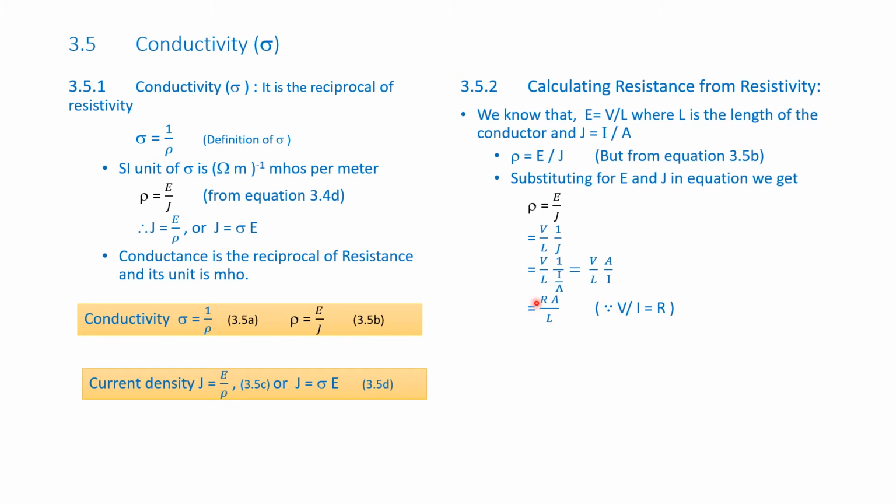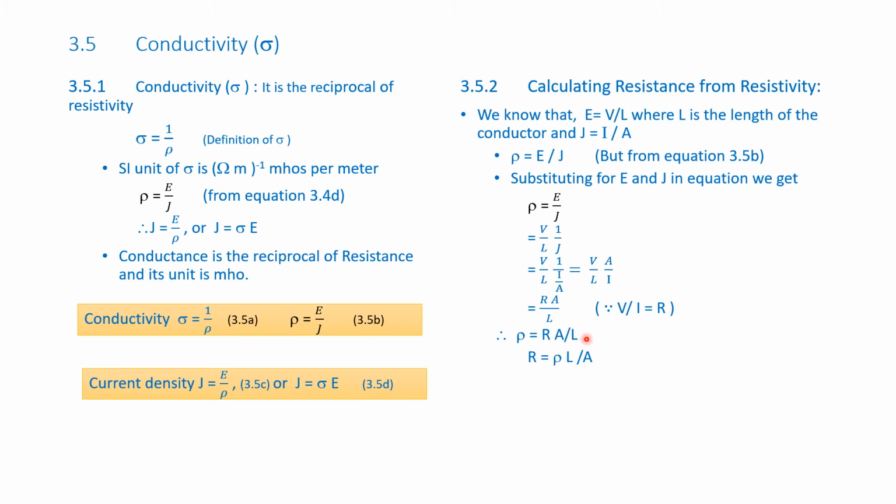So rho is equal to R A by L, because V by I equals R. Therefore, the left hand side rho is equal to R A by L.